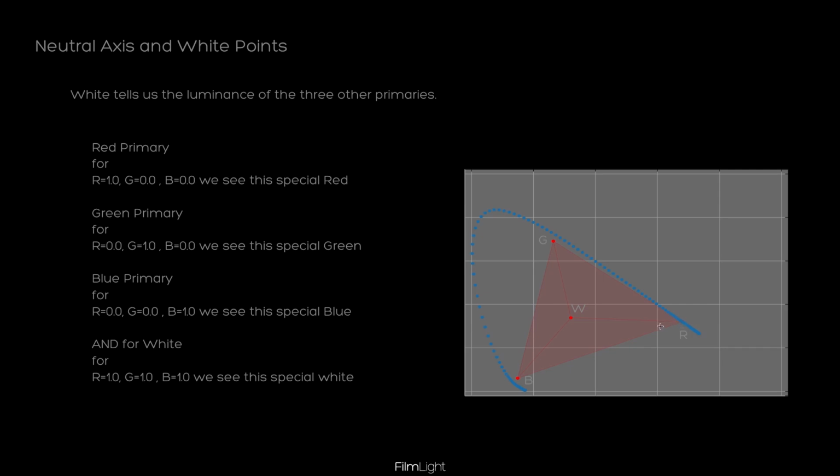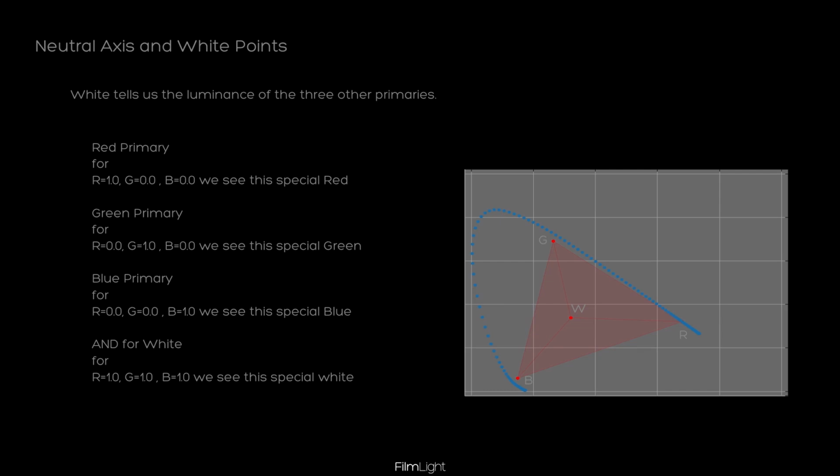Full red, no green and no blue. Same would be for the green primary if we sent 0 1 0 to the display. Blue follows the same way. Further, for white, it tells us what we would have measured when we sent 1 1 1, or full red, full green and full blue, to the monitor.